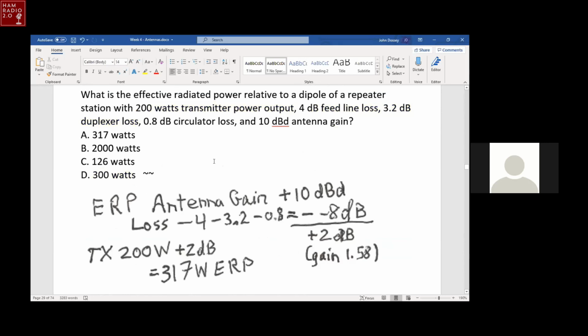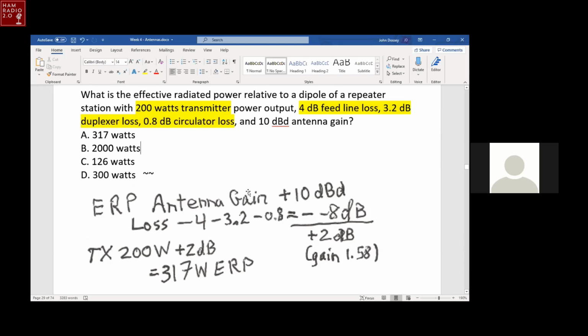Next question. Same type question, different numbers. It wants the ERP relative to a dipole, 200 watt transmitter this time. 4 dB line loss, 3.2 dB duplexer loss, 0.8 dB circulator loss, and a 10 dB antenna gain.